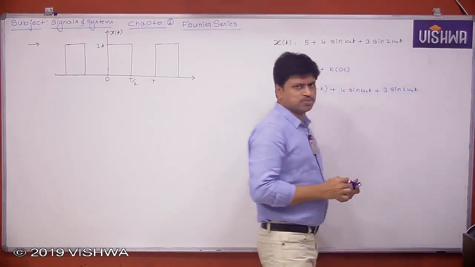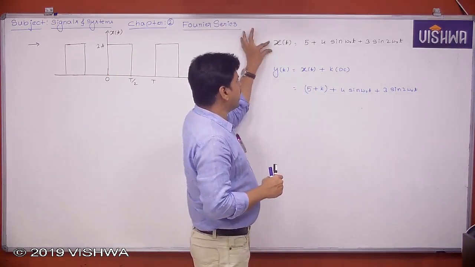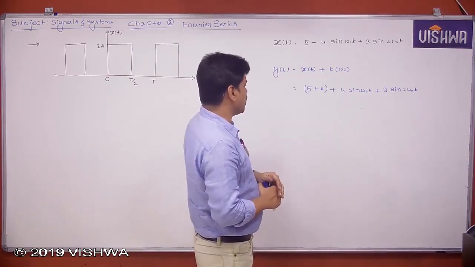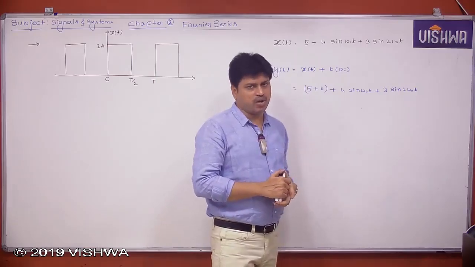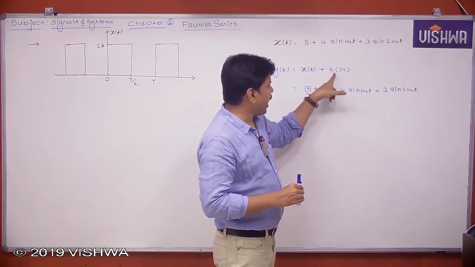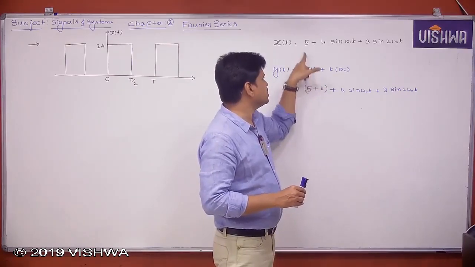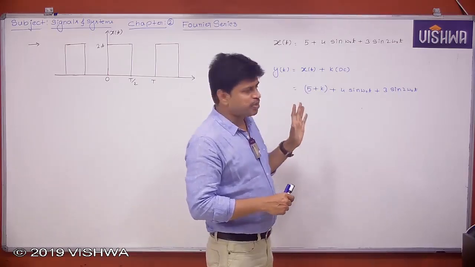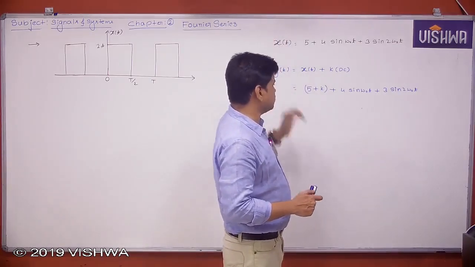I hope you understood. By observing x of t and y of t, the only change I have done is to add a DC signal. So what changes are you expecting from x of t to y of t?